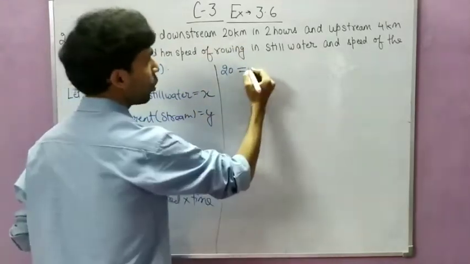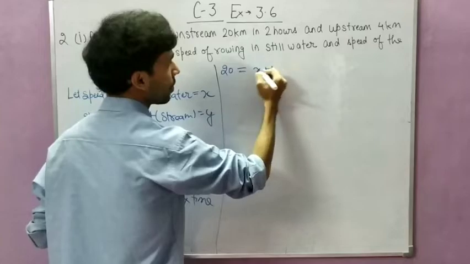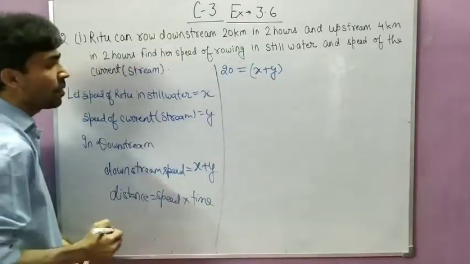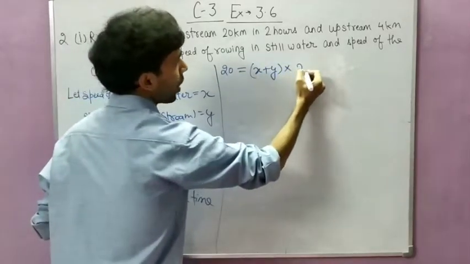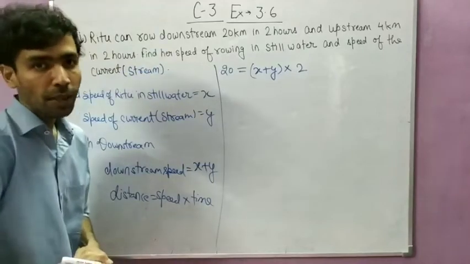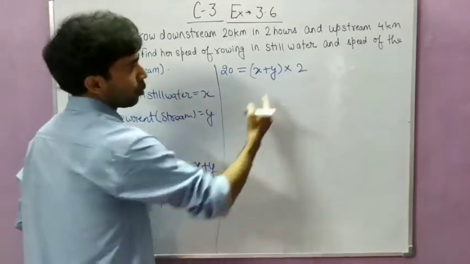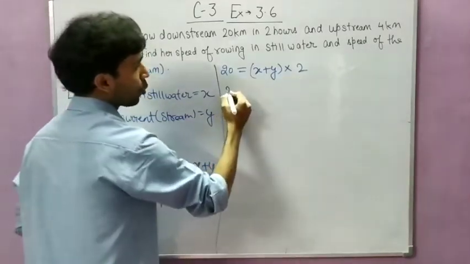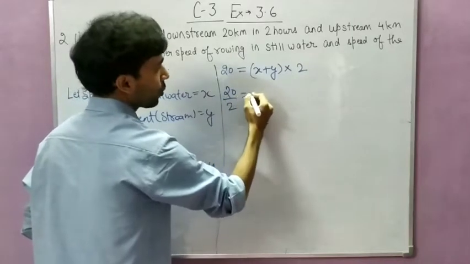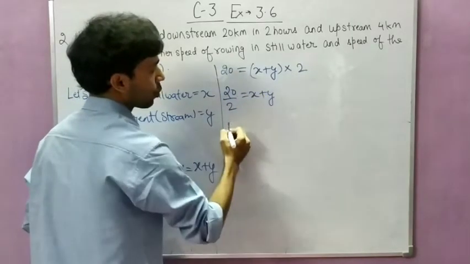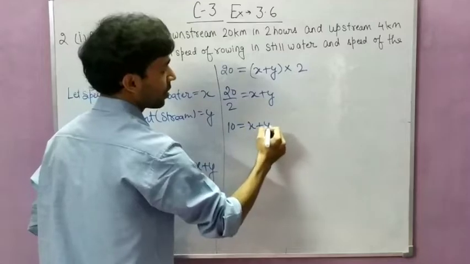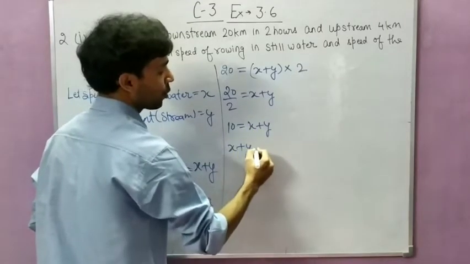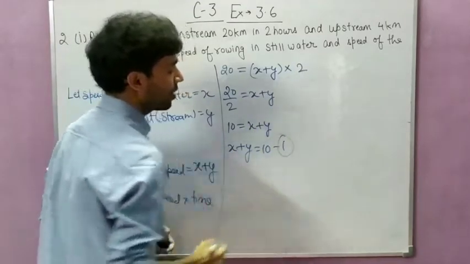Speed of downstream was x plus y, and time is 2 hours. Now you can divide by this 2 on this side. So 20 by 2 is equal to x plus y. So 10 equal to x plus y. So x plus y equal to 10. This is our equation number first.